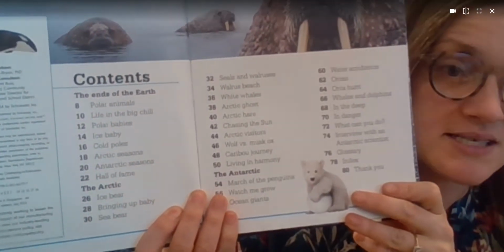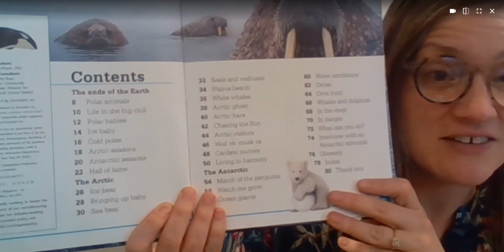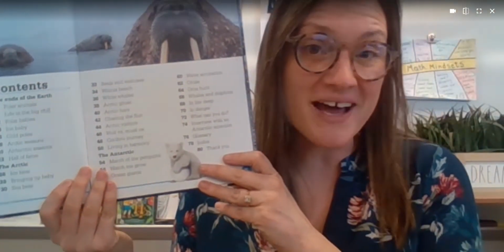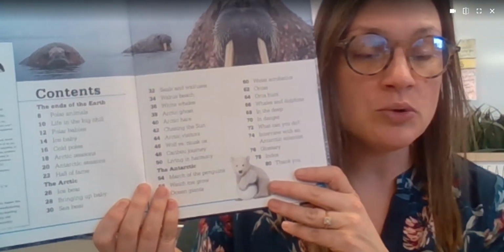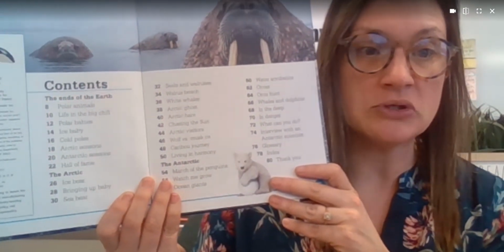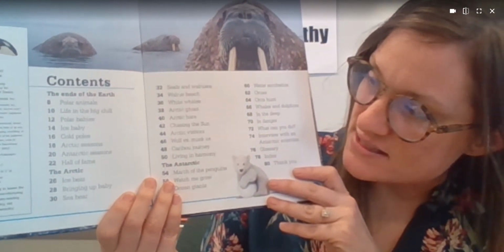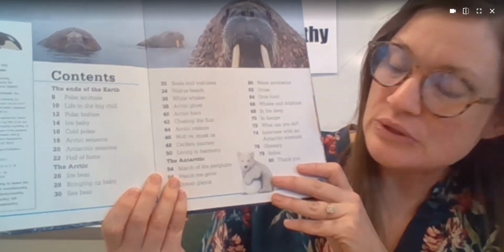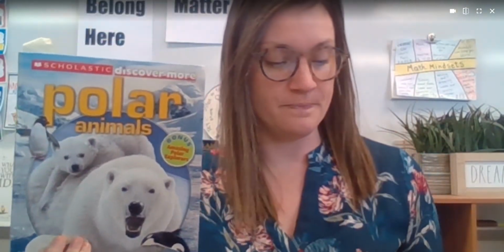So would that be expository or would it be narrative nonfiction? If you said expository, you got it. So it's informing you about the topic of polar animals, and it's organized by different subtopics such as ice babies, wolves, caribou, those different things. So this book is an example of expository nonfiction.